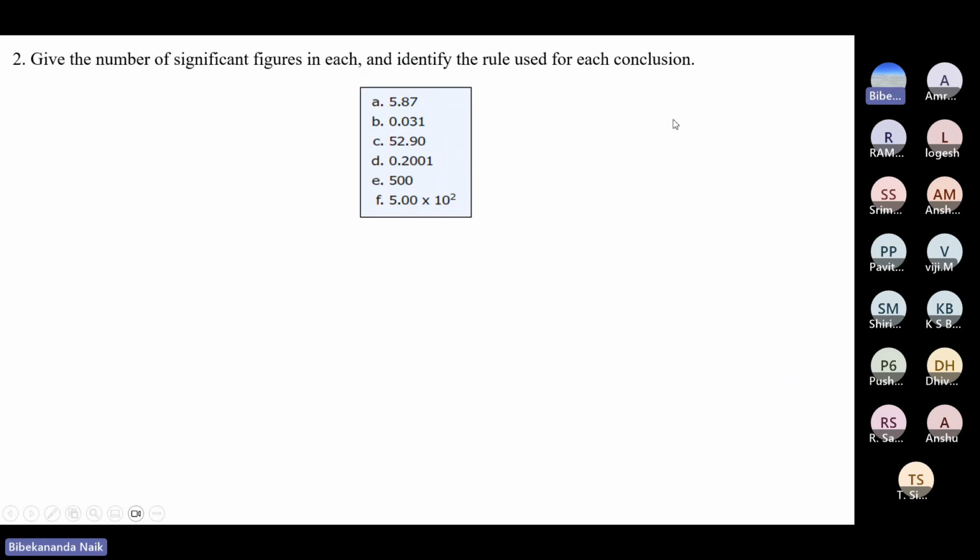So now let's discuss the second problem of the day. The question is: give the number of significant figures in each and identify the rule used for each conclusion. We have to determine the number of significant figures in each case, and we should also state the rule used for this conclusion.